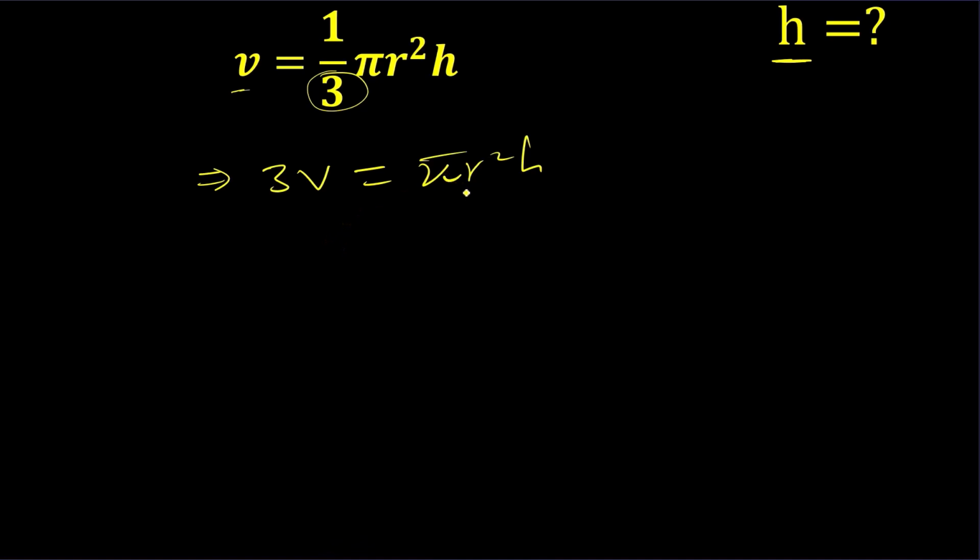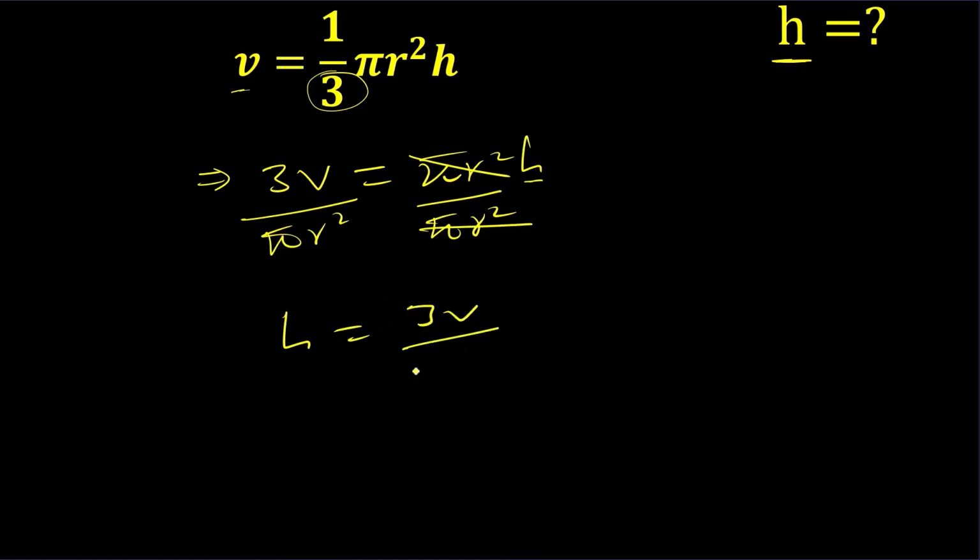All right, so this one is very simple. We have to find h, so let's divide both sides by pi r squared. So this one will cancel. So my h is 3v over pi r squared. All right, so that's that.